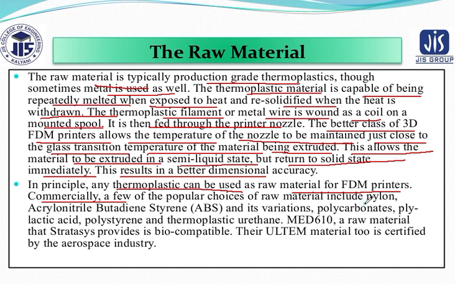For example, nylon, acrylonitrile butadiene styrene, that is ABS, and its variations like polycarbonate, polylactic acid, polystyrene and thermoplastic urethane. These are also preferred as raw material for fused deposition modeling.